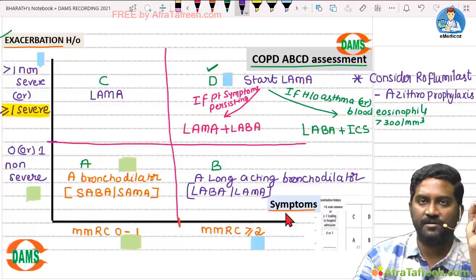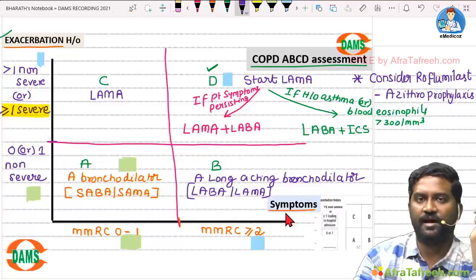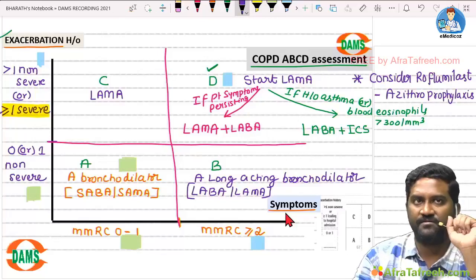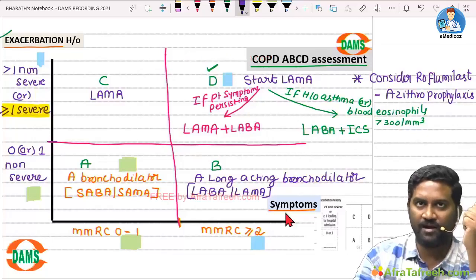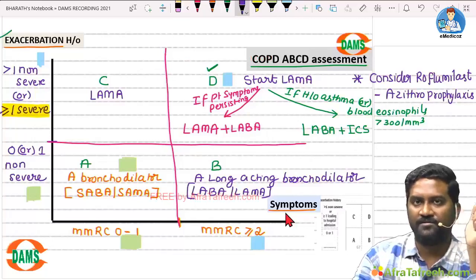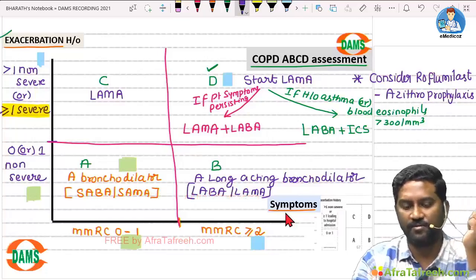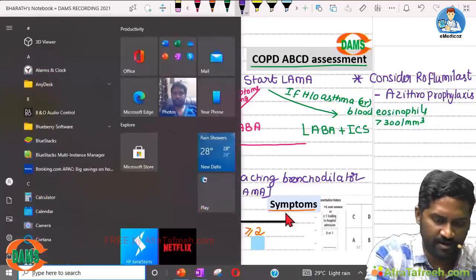This is the new COPD ABCD assessment. Based on patient symptoms and exacerbation history, we have classified into 4 groups, A, B, C, D. Group D requires the most attention. We start LAMA, and depending on the patient's response, LAMA plus LABA, LABA plus ICS. You can also consider roflumilast and azithromycin prophylaxis.